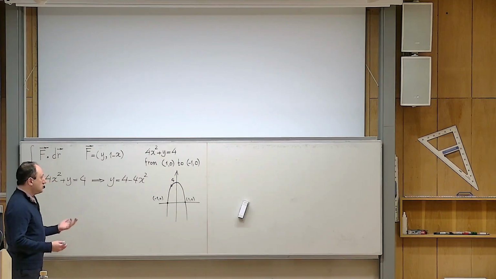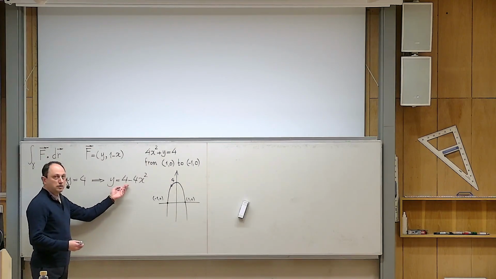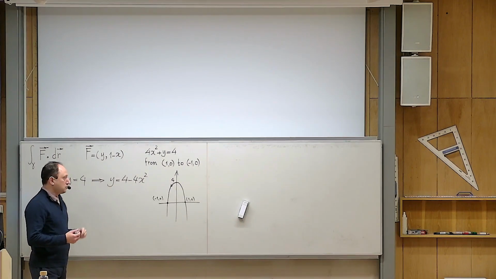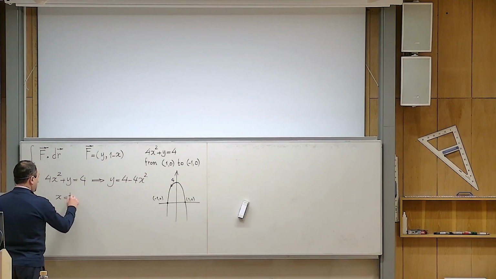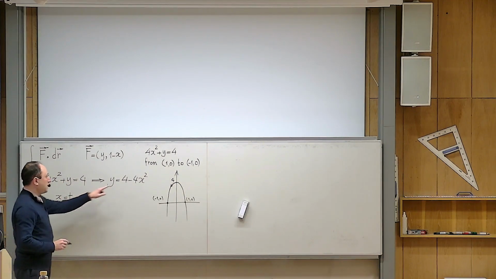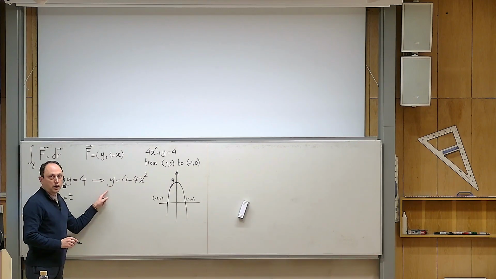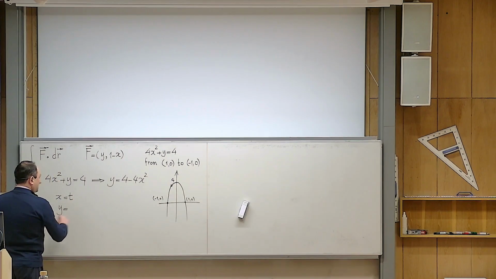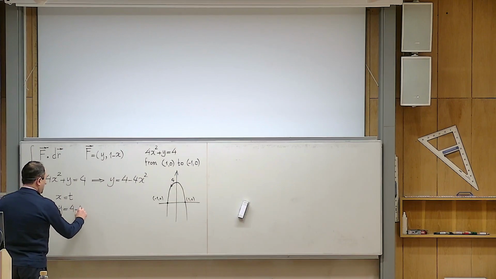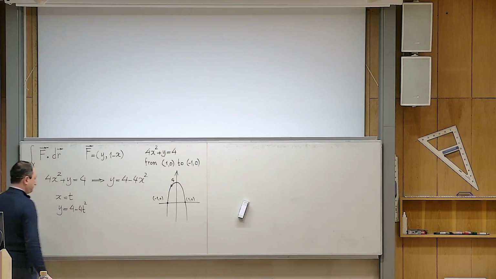Usually the natural or standard parameterization is quite good, meaning that let us take x to be t and then plug it back here and write y in terms of t. So this implies that y is equal to 4 minus 4t squared.